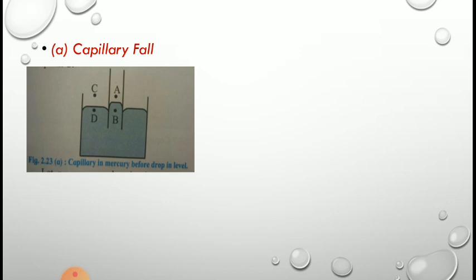Point A is just above the convex surface and inside the capillary. Point B is just below the convex surface inside the capillary. Point C is just above the plane surface outside the capillary, while point D is just below the plane surface and outside the capillary and below point C.